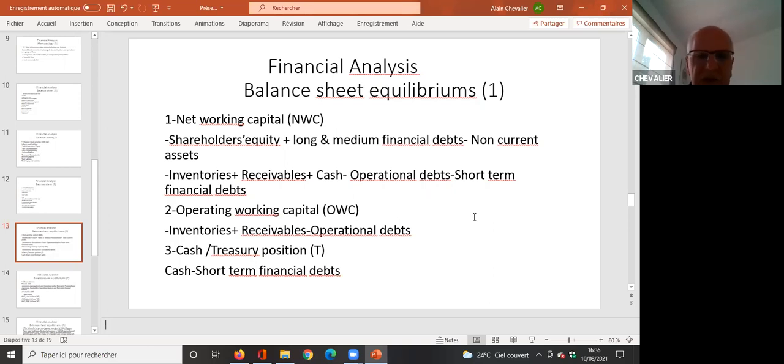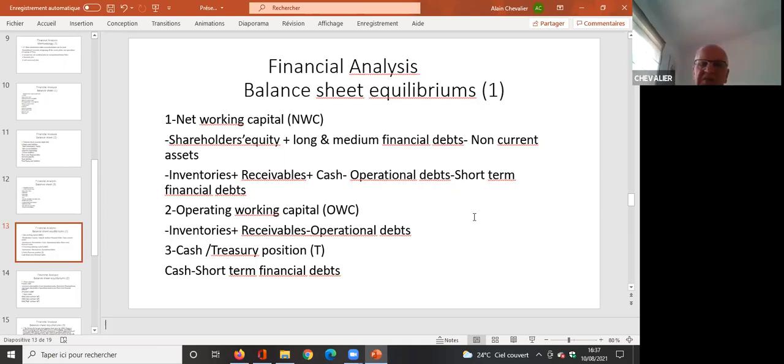And if I make a calculation, which is inventory plus receivables minus operational debts, the result there is of interest. And we can have, of course, three different results. The first one, the most common one, is a positive result. It means inventories plus receivables are higher than the operational debt, and at the end we have a positive value.